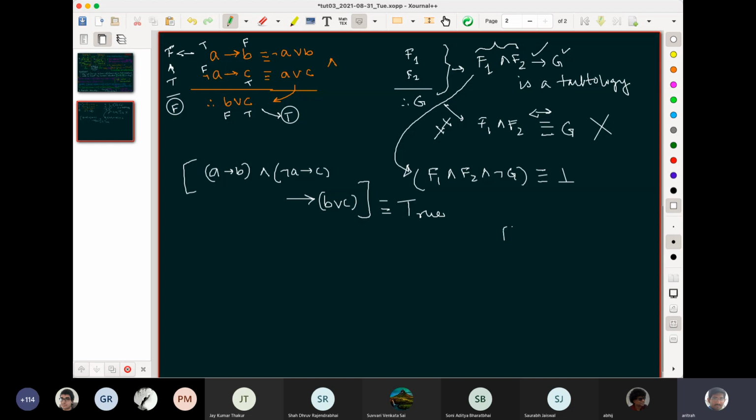Because you can say this way, F1 and F2 and G, or not F1 or not F2. This is a tautology. Only this one is very strong, you have to make both of these true, whereas this is also true when any of them is false. Agreed?